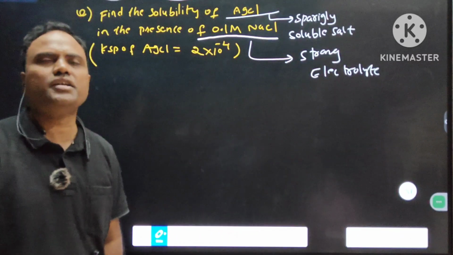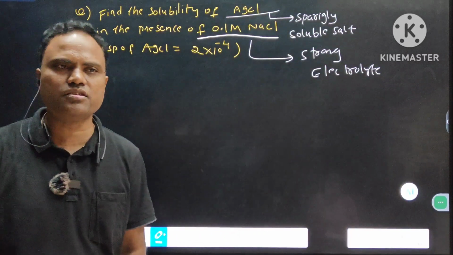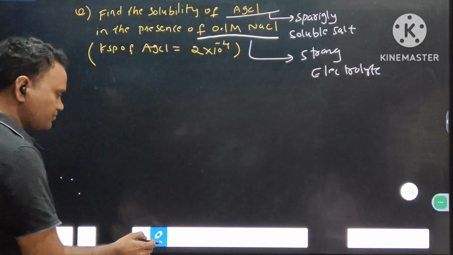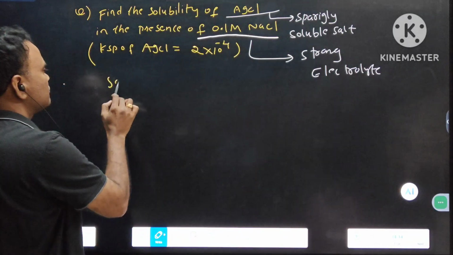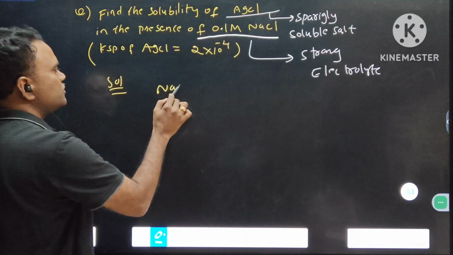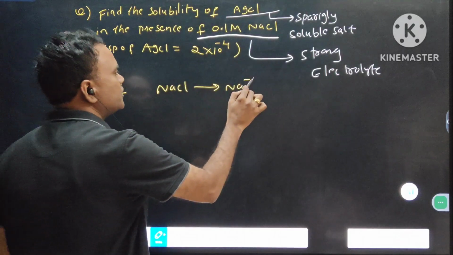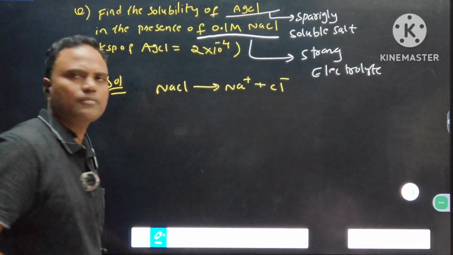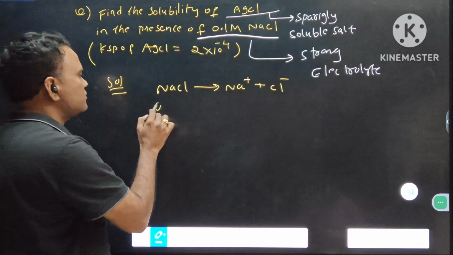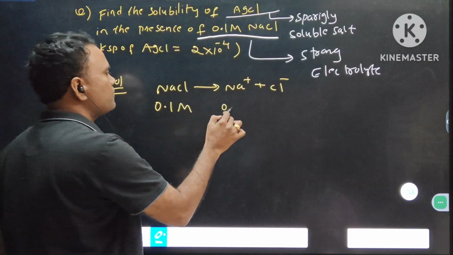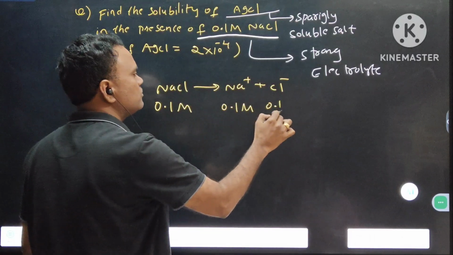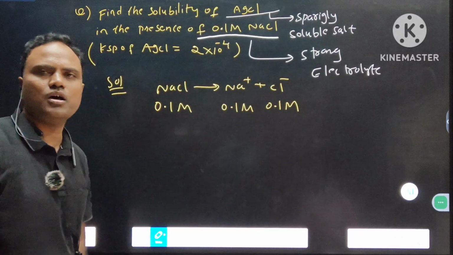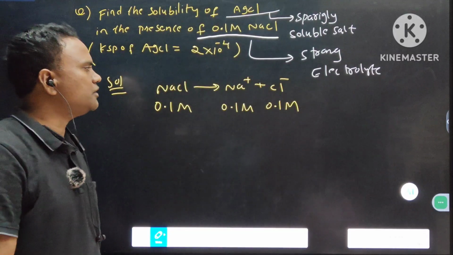First, dissociate the strong electrolyte. NaCl dissociates into Na plus and Cl negative. What is its concentration? 0.1 molar, this is also 0.1 molar, all are 0.1. Clear?